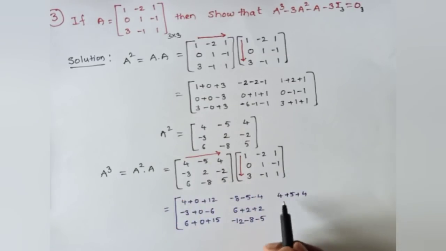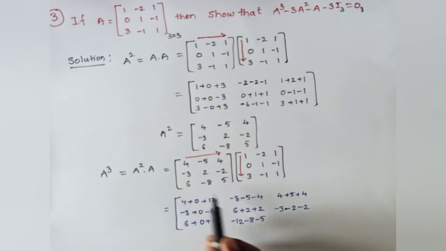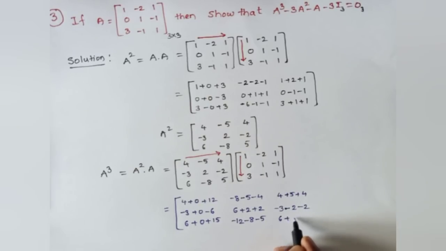So 4 into 1 is 4, minus 5 into minus 1 plus 5, and 4 into 1 is 4. The next element is minus 3, and it is minus 2 minus 2. Next, this row with the column, so this is 6 plus 8 plus 5.